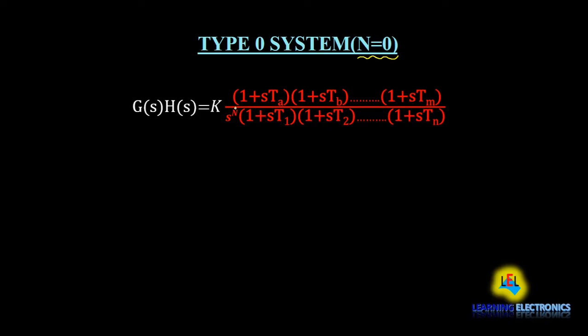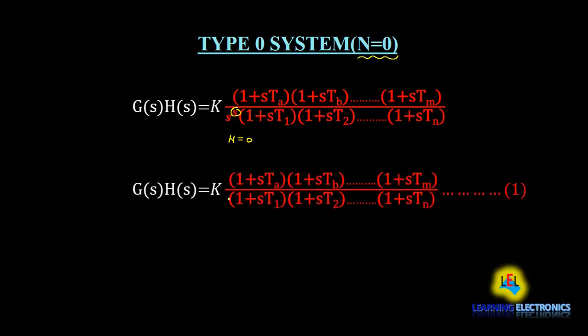The capital N present in the denominator of this equation, which is the power of this single s, defines the type of system. So if this N is equal to 0, then the system will be a type 0 system. When we put N equal to 0 in this equation, the equation will look like this. So here s to the power 0 is there, which is equal to 1.